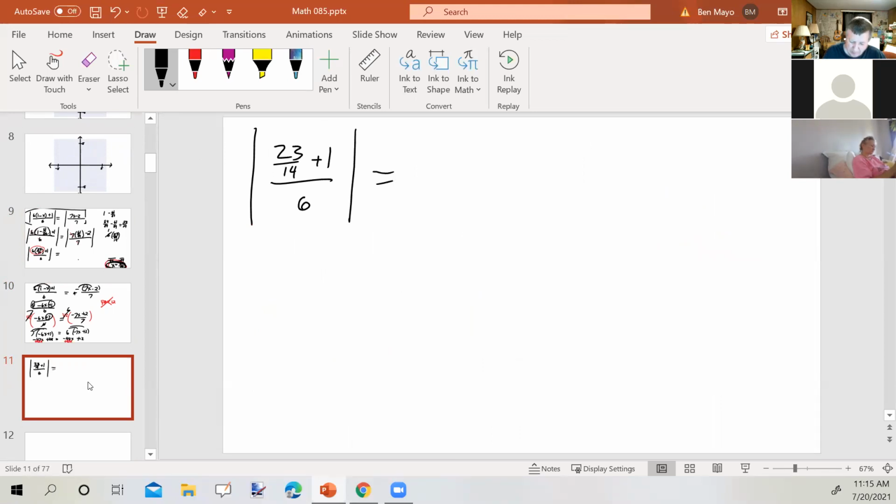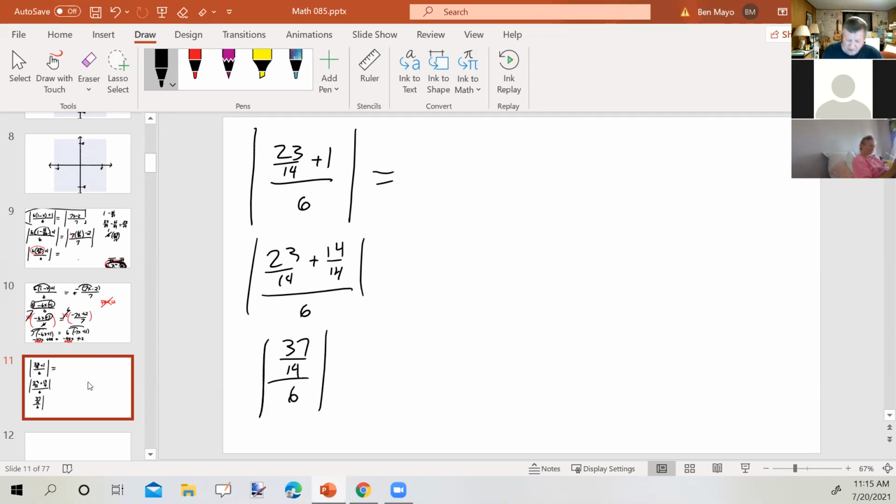Okay. Let's see. 23/14ths plus 1 would be 23/14ths plus 14/14ths over 6, which is 37/14ths over 6. I'm still working on the left side of the equation.